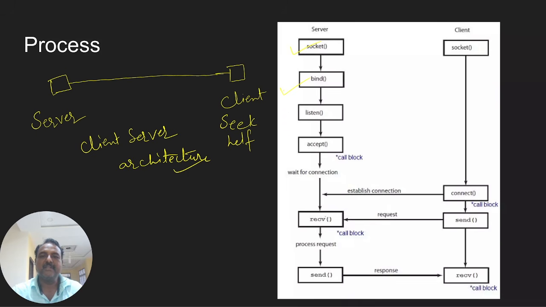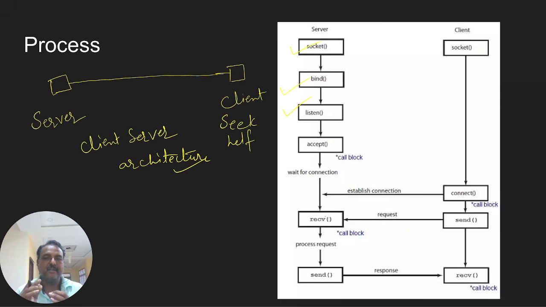Then comes the method called listen. This listen is a very interesting method which specifies how many clients I can handle. As I said, I am a server. I can handle 5 clients, 10 clients, 100 clients, 1 million clients.